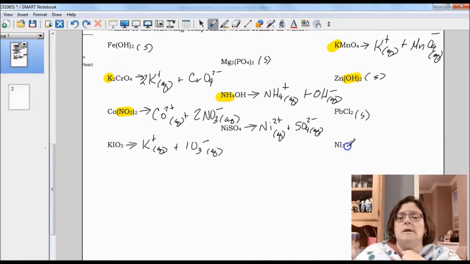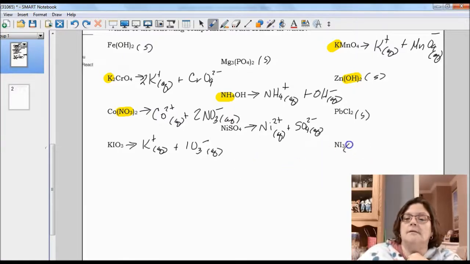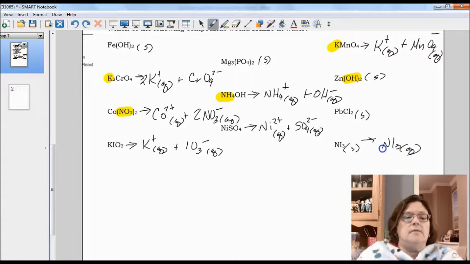So guess what? He may or may not dissolve in water. I'd have to think about it. He should dissolve in water, probably. But he's not going to dissociate. So when he dissolves in water, you would write it like this. All right. Thank you very much.